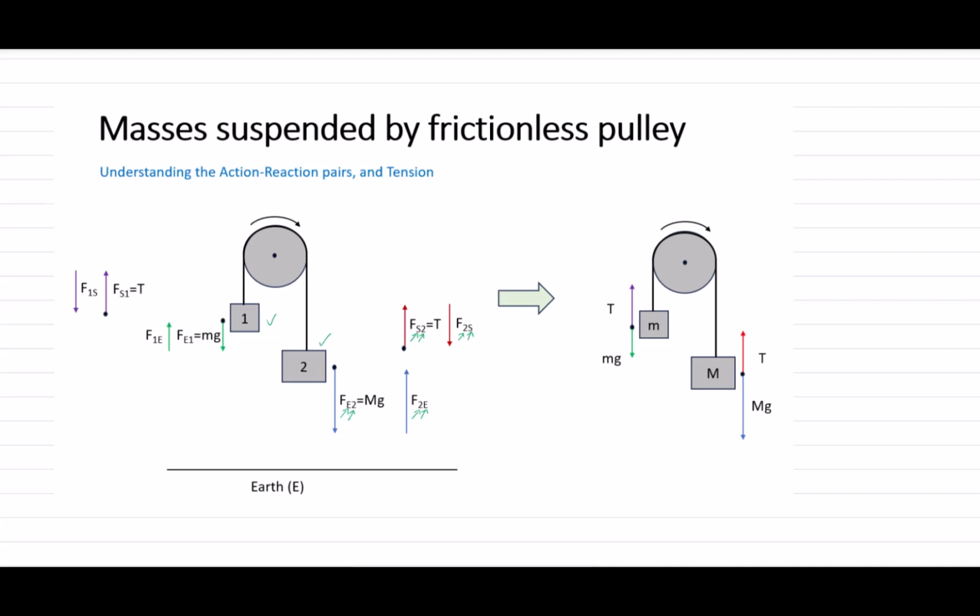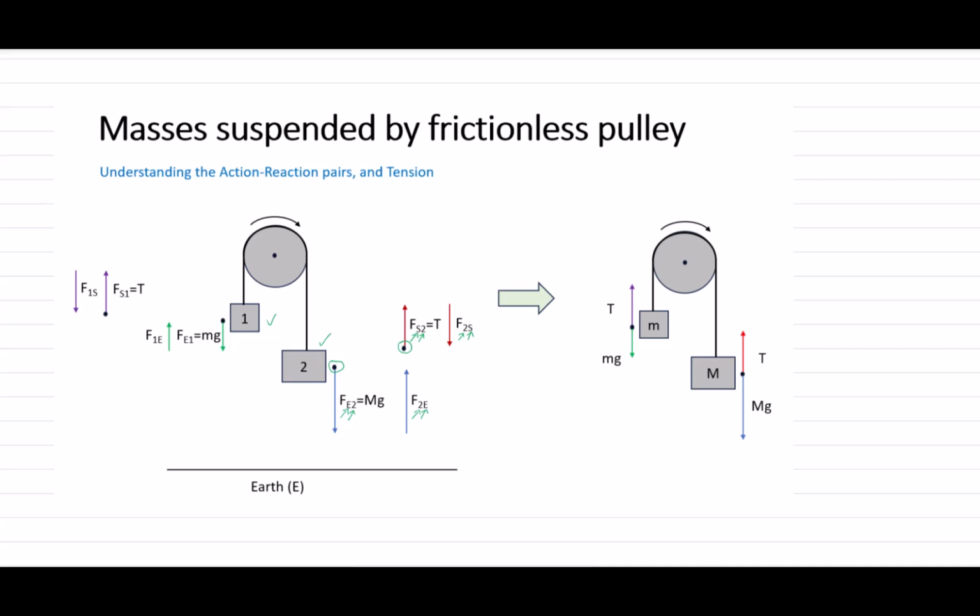Out of the four forces just described, it's important to see what forces are acting on object 2, which is under consideration. The first force applicable for object 2 is FE2, and the second force acting on object 2 is FS2.